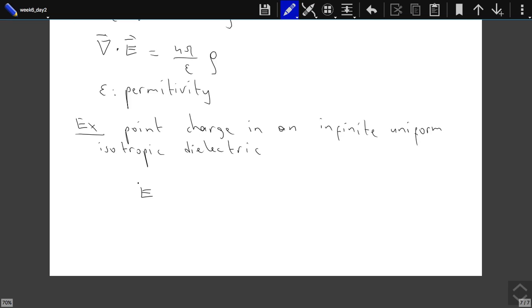So the electric field would be nothing but, before it was just Q over R squared, now we have this 1 over epsilon. Q over R squared in the R hat direction. That's the electric field. Not so interesting.